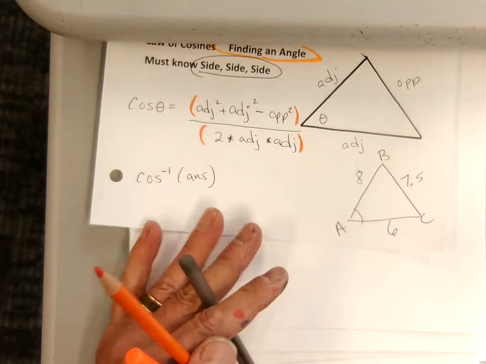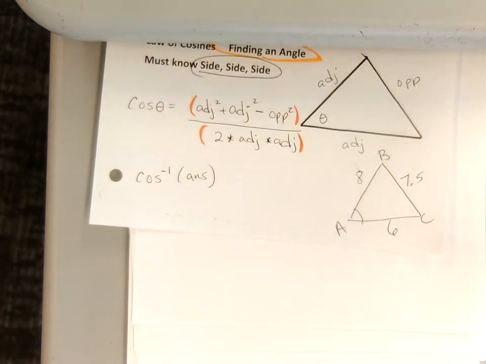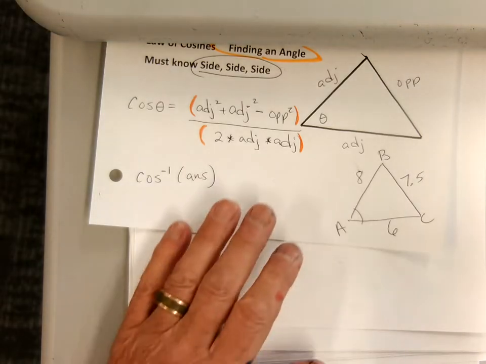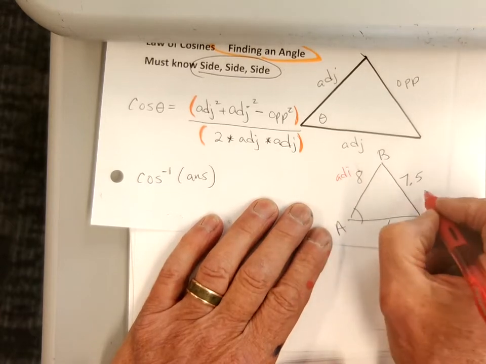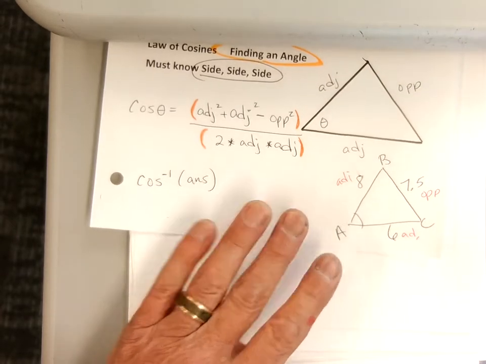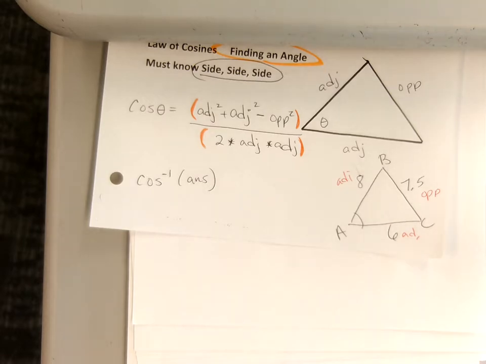If you'd picked a different angle, that would switch it up. You guys agree with that? So here's my adjacent, there's my adjacent, and there's my opposite. If you picked angle B, or angle C, it would switch it up, right?